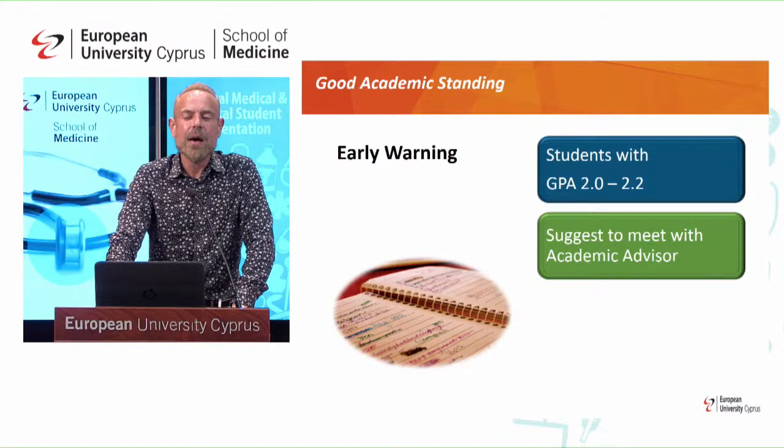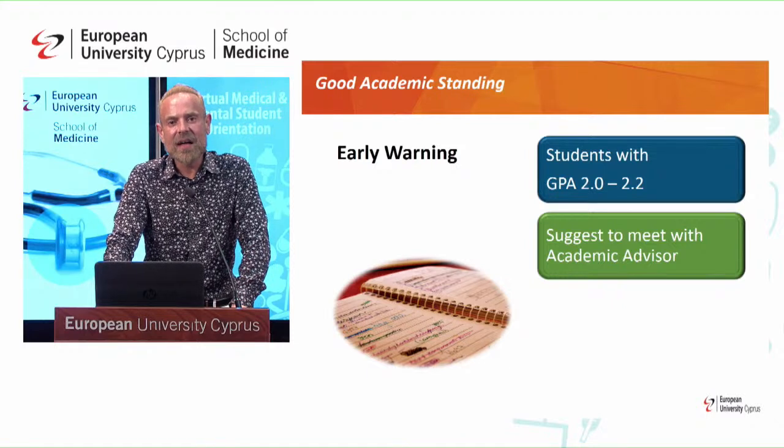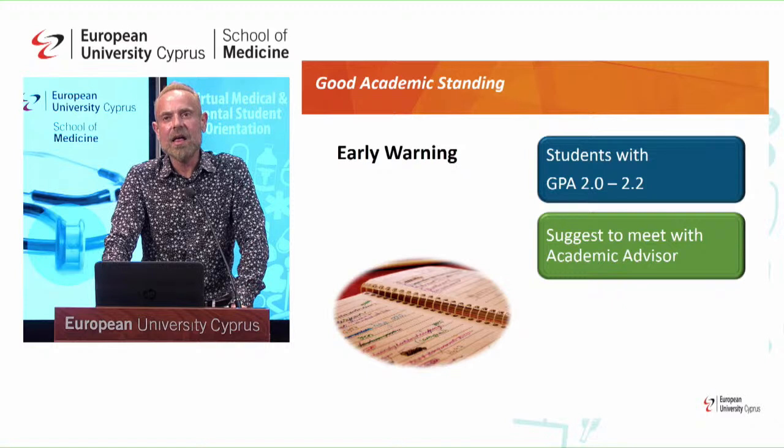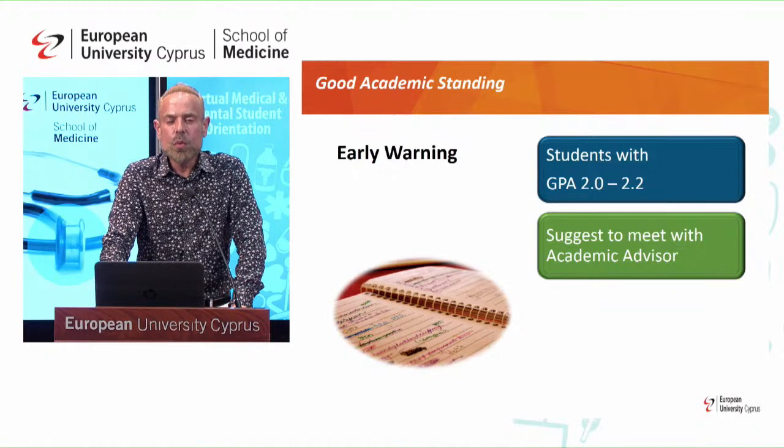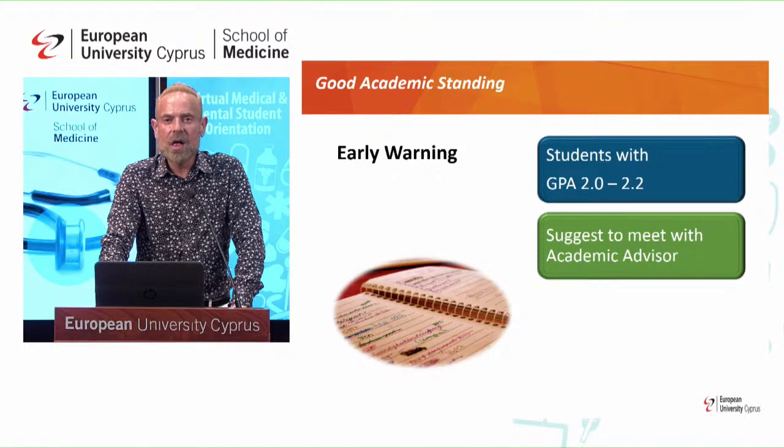Students who have borderline GPAs, despite the fact that they are in good standing, and by borderline GPAs we mean GPAs between 2 and 2.2, will need to meet with their academic advisor, because these students show that they've got problems and they need to be addressed.